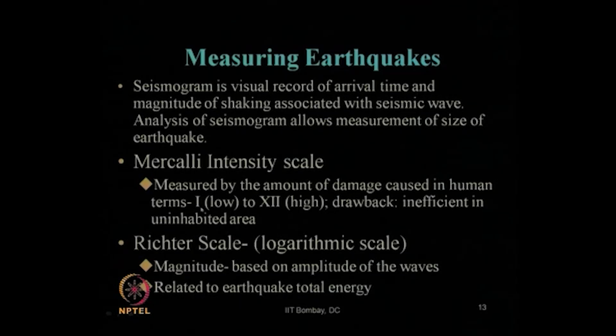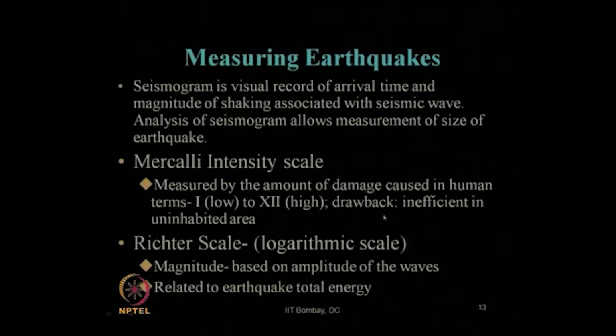So, they have classified it into 12 subdivisions. Mercalli intensity scale 1 corresponds to lowest, and 12 corresponds to highest. So, these 12 sub classifications are available to identify the Mercalli intensity scale.